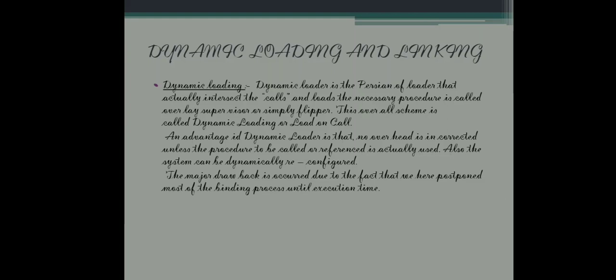The advantage is that no overhead is incurred unless the procedure to be called or referenced is actually used. Also, the system can be dynamically reconfigured. The major drawback occurs due to the fact that we postpone most of the binding process until execution time.